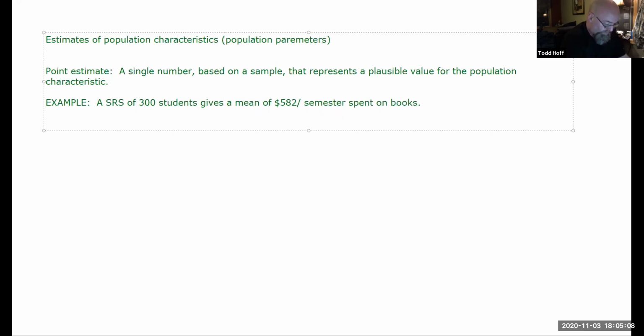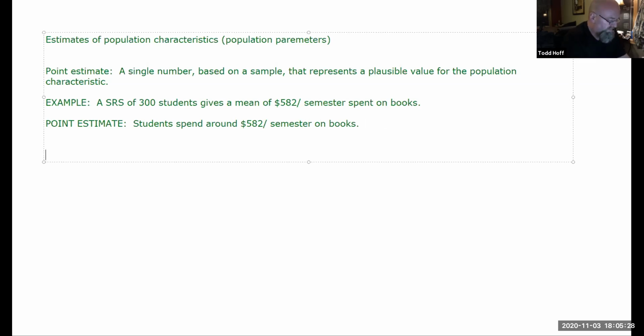So their point estimate is that students spend around $582 per semester on books. So we just use that sample statistic to estimate that population characteristic.